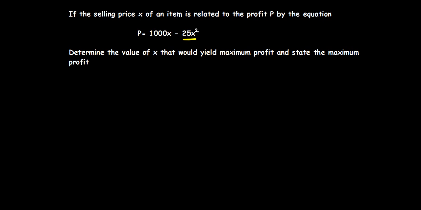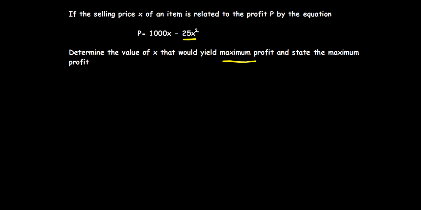And thus it makes sense that they talk of maximum profit, because if a is less than 0, we understand that we are going to get a maximum turning point. So at the point where we get the maximum, we will relate that to the maximum profit.